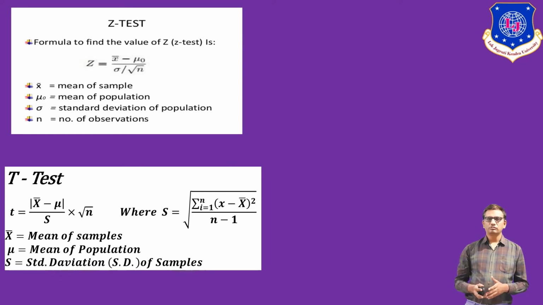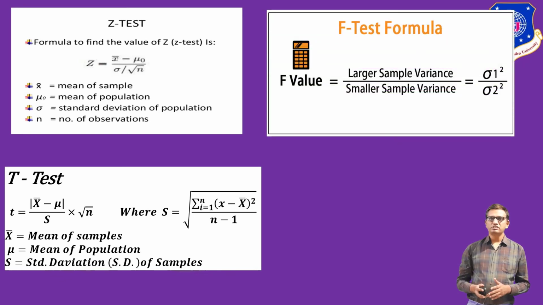So that is our concept of S. What is S? S is calculated like this: square root of sigma i equal to 1 to n, x minus x bar whole square, upon n minus 1. And this is our F test. It is sigma 1 square upon sigma 2 square, the larger sample variance upon the smaller sample variance.